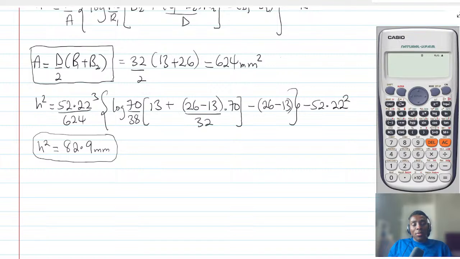Now, there is a formula which we have to use to calculate the stress. So this is the formula, another horrible formula.